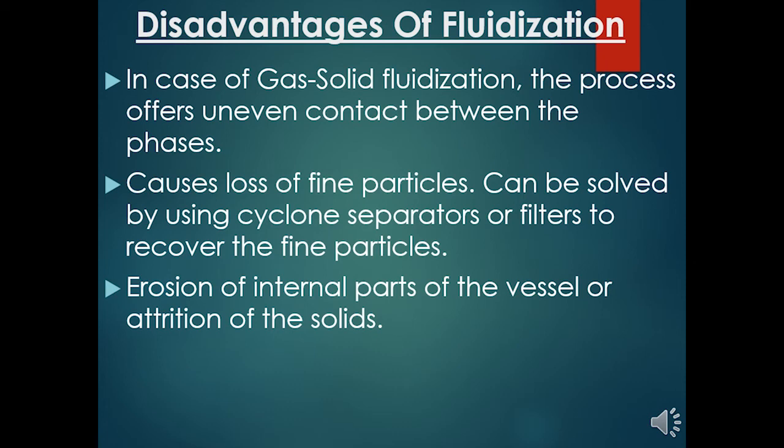It also causes a loss of fine particles. When we are dealing with fine particles, fluidized beds are usually not effective, but this can be solved by using cyclone separators, which will recover the fine particles from the fluid. It also causes erosion of internal parts of the vessel or attrition of the solids.